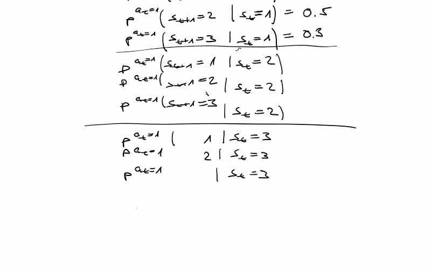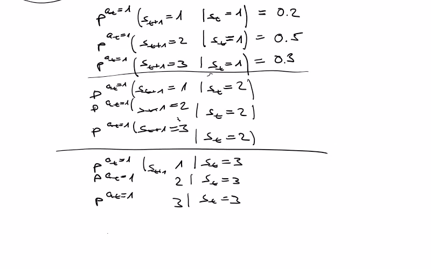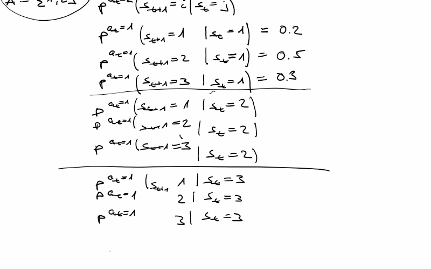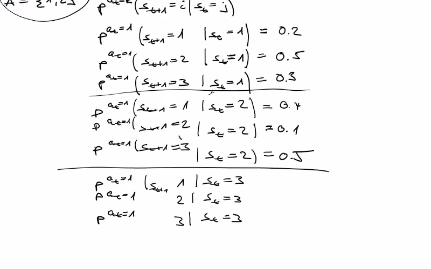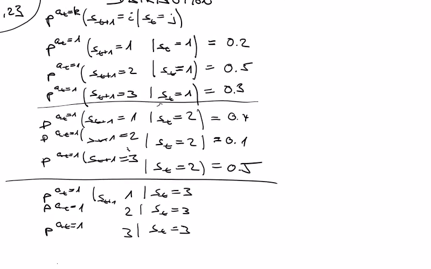So 1, 2, 3 for s t plus 1. And of course these probabilities can be different, they just need to be probability distributions. So here we could have, for example, 0.4, 0.1 and 0.5. And once we have done all of this, we have to copy and paste this somewhere else and write the whole thing up for the second action.